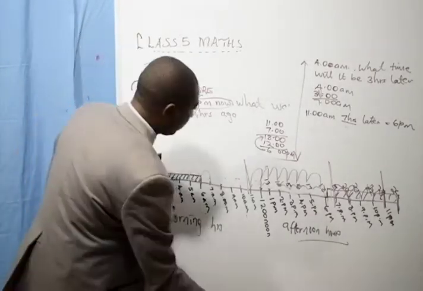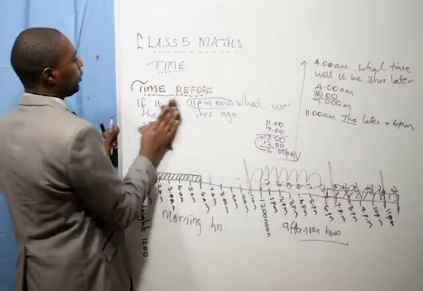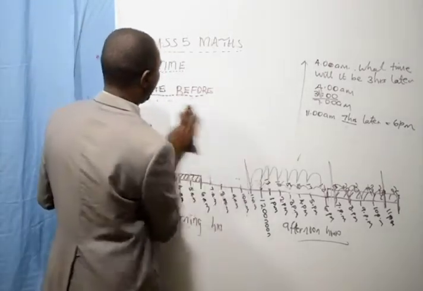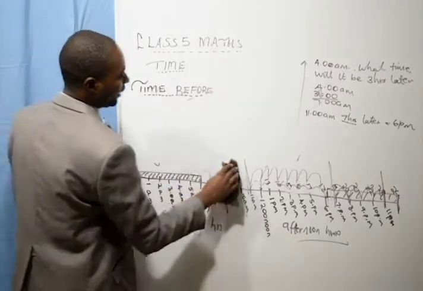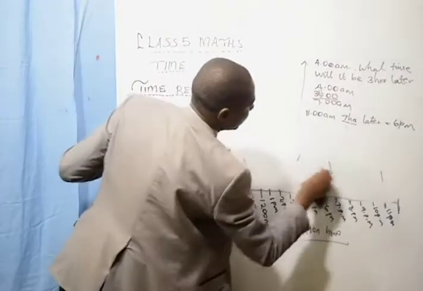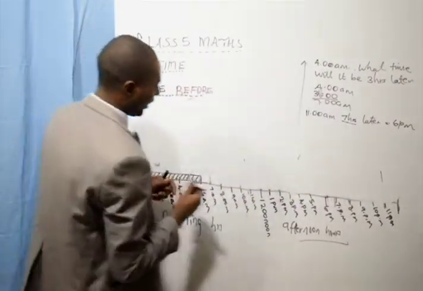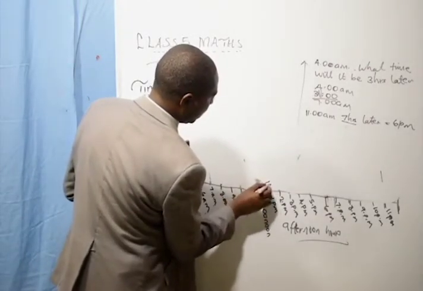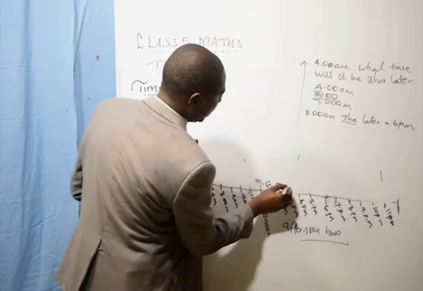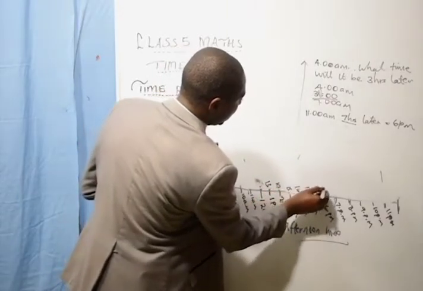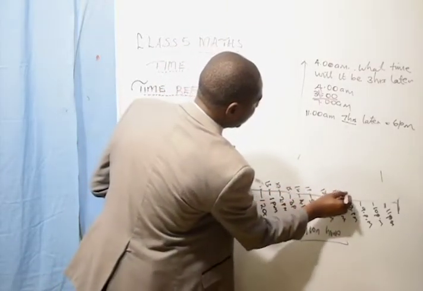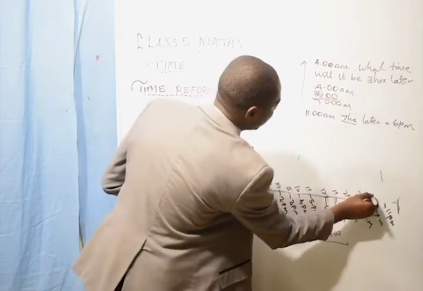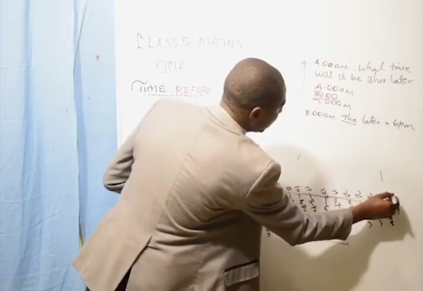Now the last question. The same case with the time before. You must not draw the time line. You must not draw this line where you are getting 13, 14, 15, 16, 17, 18, 19, 20, 21, 22, 23, 24.